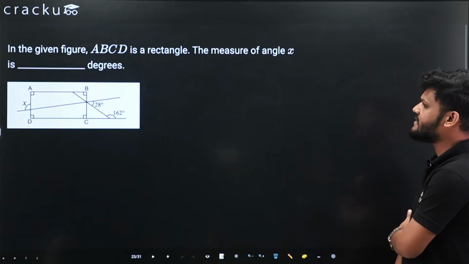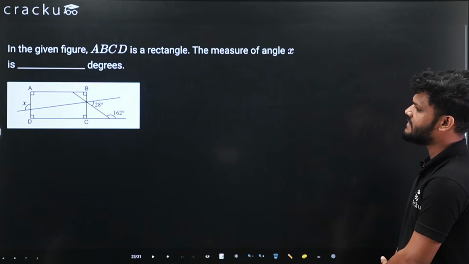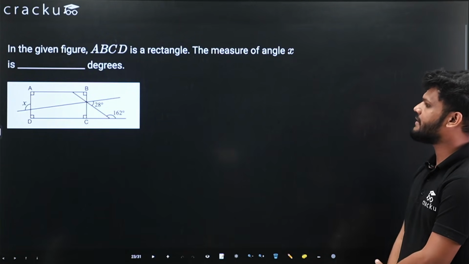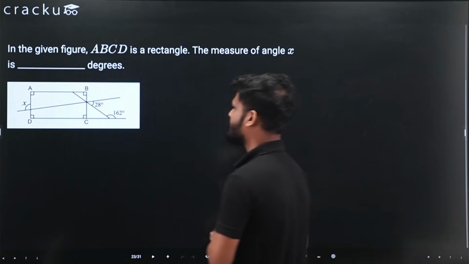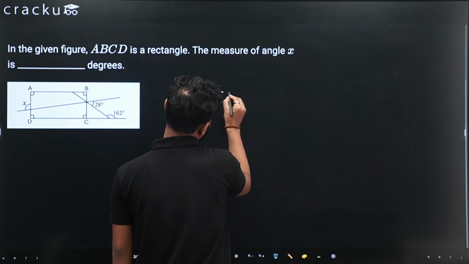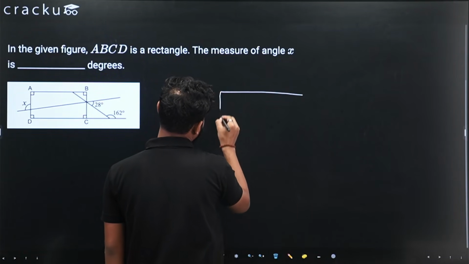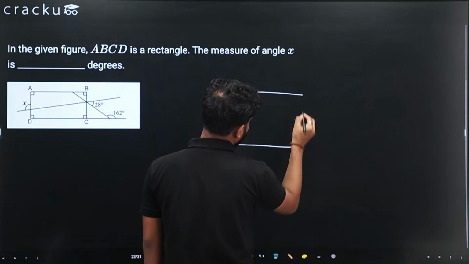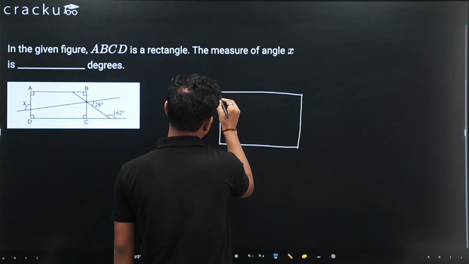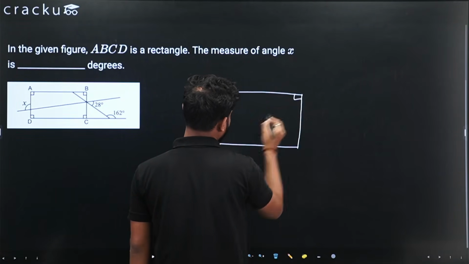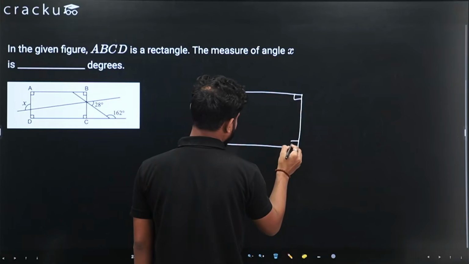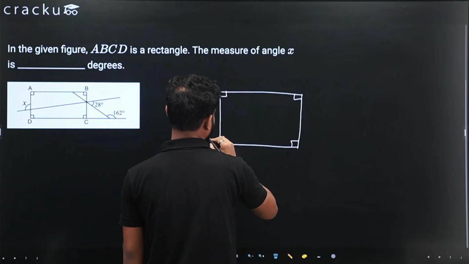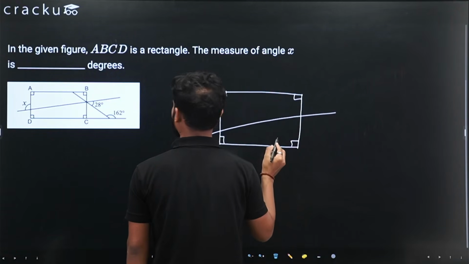In this question we are asked: in the given figure, ABCD is a rectangle and we need to find the measure of angle x. So let us first draw the diagram. This is T. Then these are two lines.